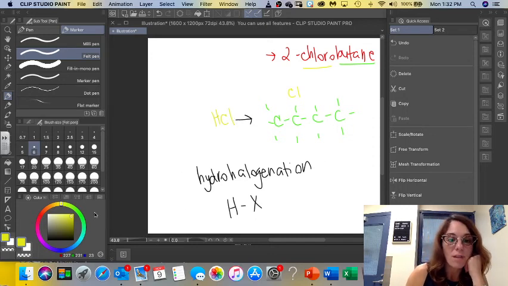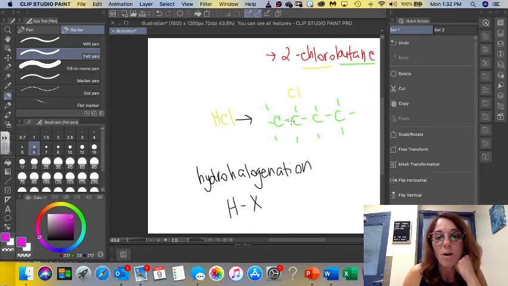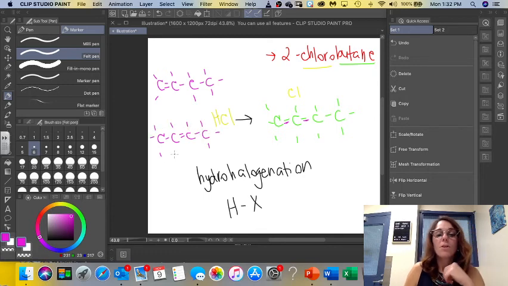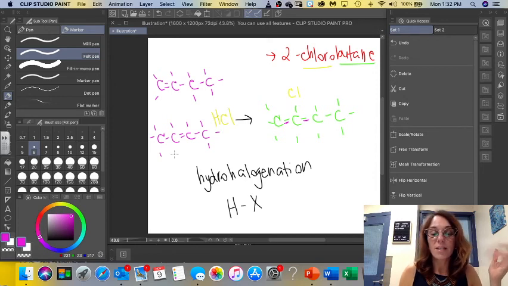In order to create this, I needed to have a double bond somewhere. Now the double bond could be in any of these places. The double bond could have been here, or it could have been here, as long as it's by the chlorine. So I could have had 1-butene, or the double bond could have been here, and it could have been 2-butene. So which product makes more sense?